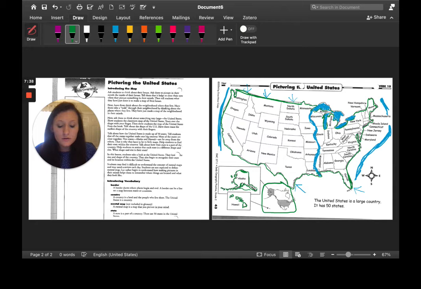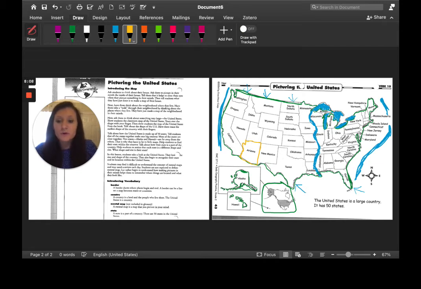So now let's go and find our state on the map. We all know that we live in the great state of Arizona. So let's go ahead and outline the border of Arizona here. All right, so we see where Arizona is located compared to all the other states. Arizona borders California, Nevada, Utah, Colorado, and New Mexico.